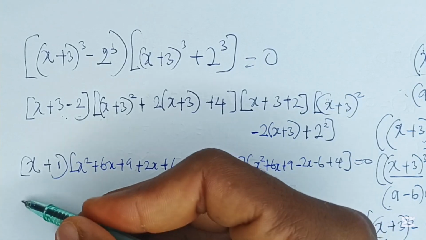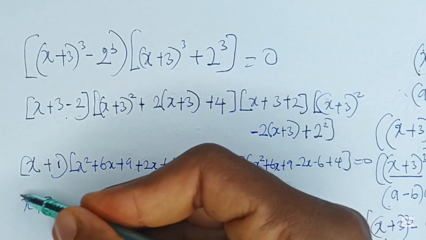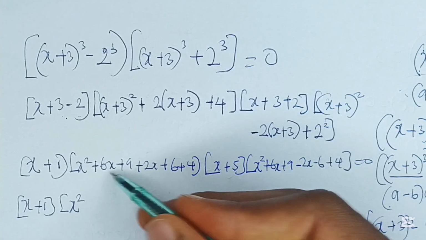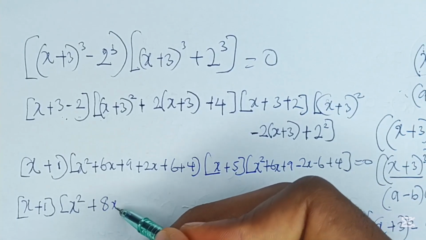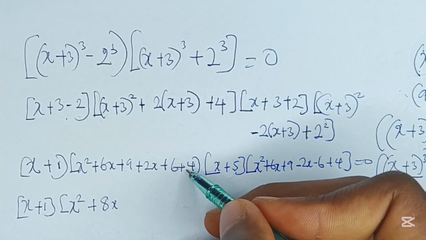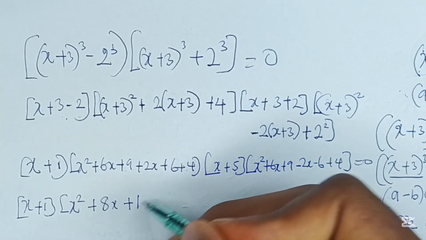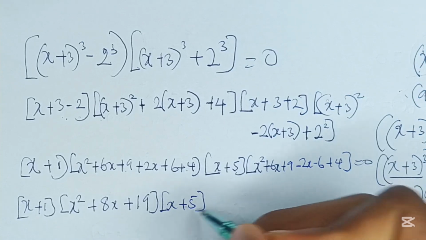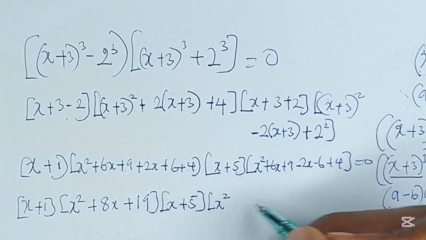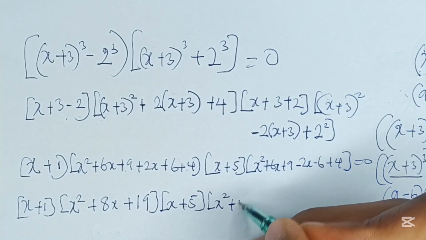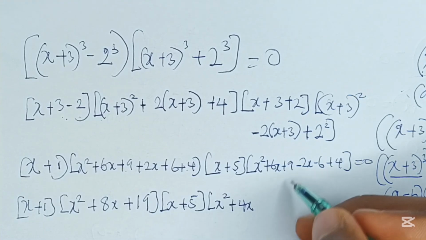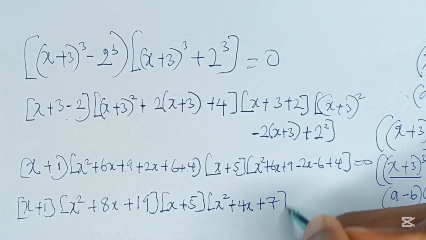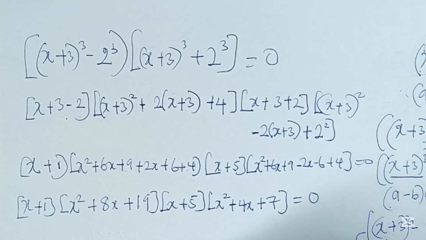This is now equal to (x + 1) into (x^2 + 8x + 19), since 6x plus 2x is 8x, and 9 plus 4 is 13, plus 6 is 19, into (x + 5) into (x^2 + 4x + 7), since 6x minus 2x is 4x, 9 minus 6 is 3, 3 plus 4 is 7, equal to 0.